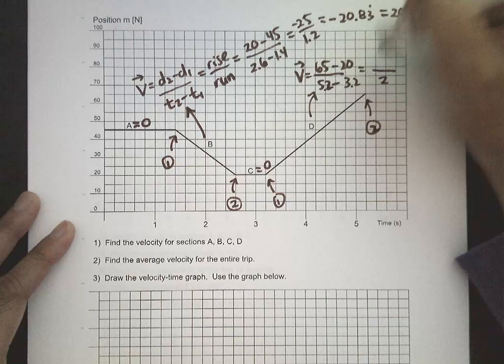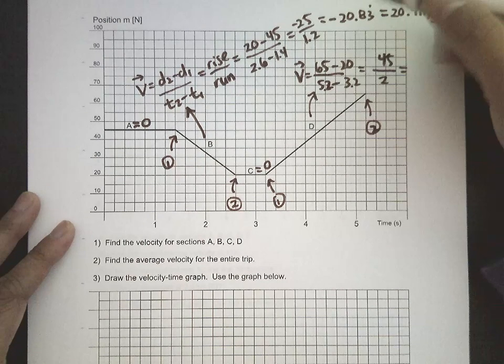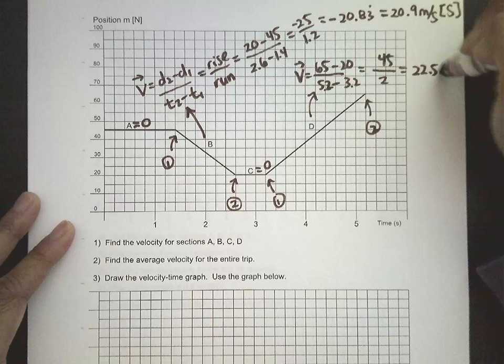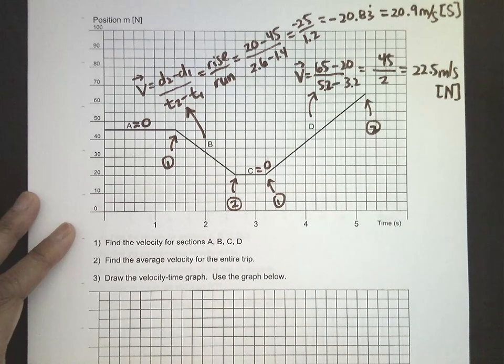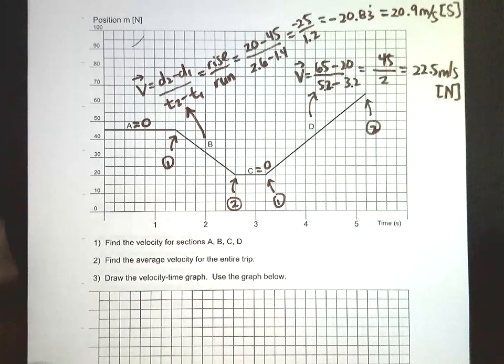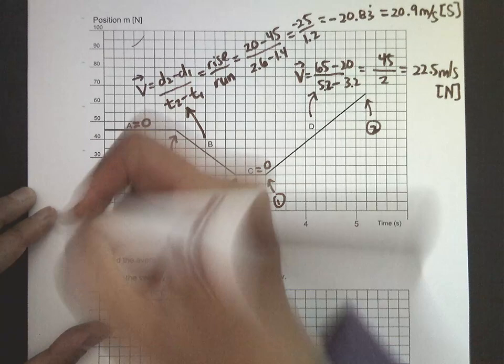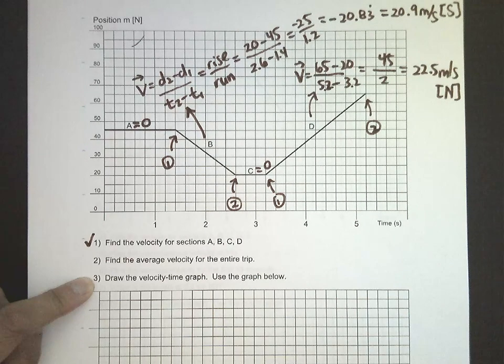That should give us, I believe, 45 divided by 2, which is 22.5 meters per second. In this case, it is headed north because it is a positive slope, and positive is north. Okay, let's skip number 2 for now, and let's go right to number 3.